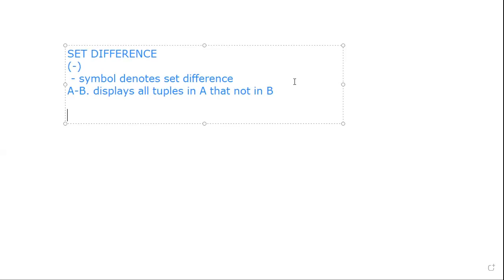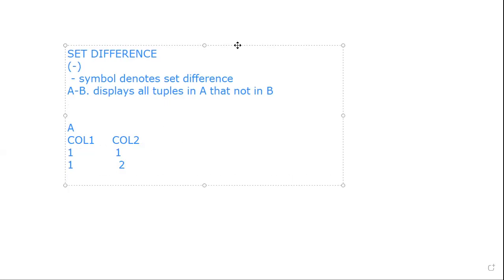If you take the tables A and B, table A will look like this: column 1, column 2, with the values 1, 1 and 1, 2.